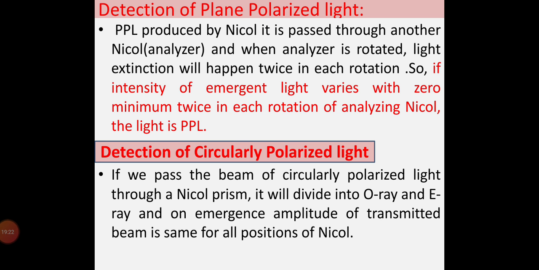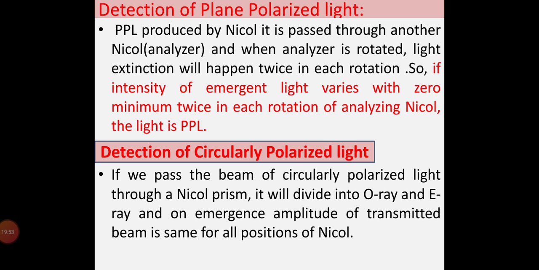Next is how we can detect plane polarized and circularly polarized light. It's very simple: in order to detect plane polarized light, first it is made to pass through a Nicol prism. When the direction of its vibration is parallel to the principal section of the Nicol, the beam will obviously pass through it. If the direction of vibration of the incident beam is perpendicular to the principal section of the Nicol, the beam will be cut off by TIR, that is total internal reflection.